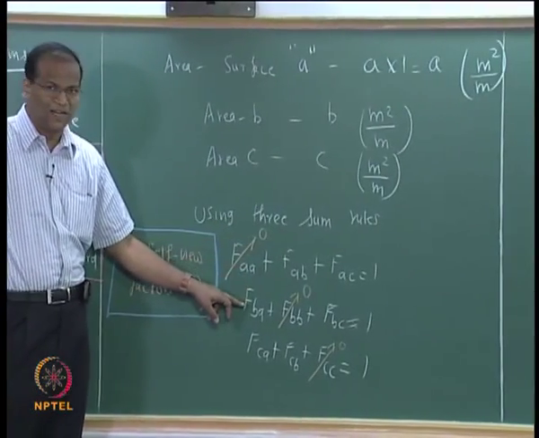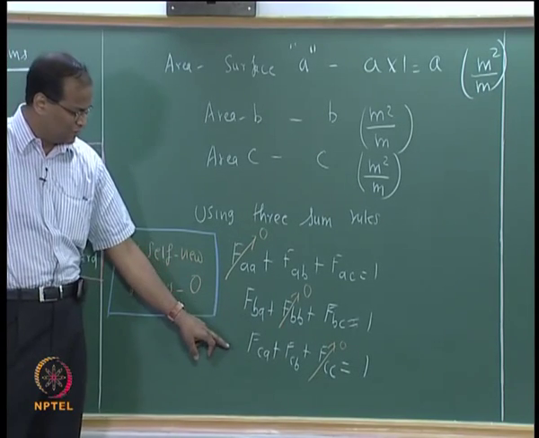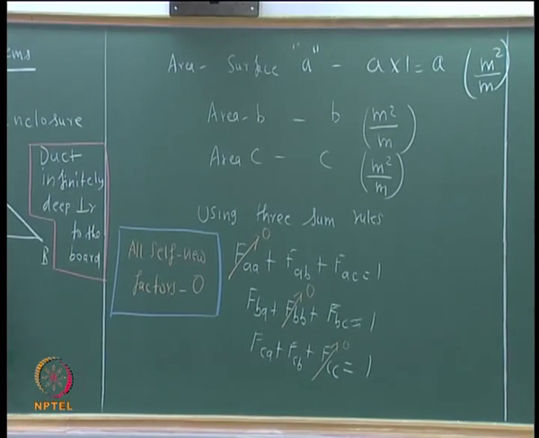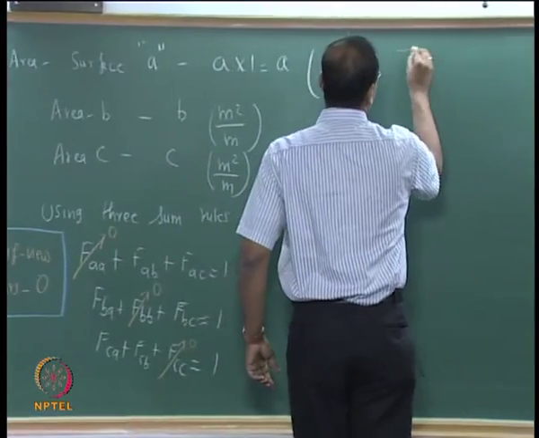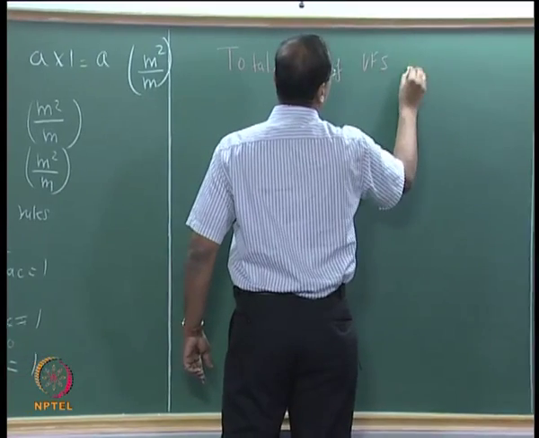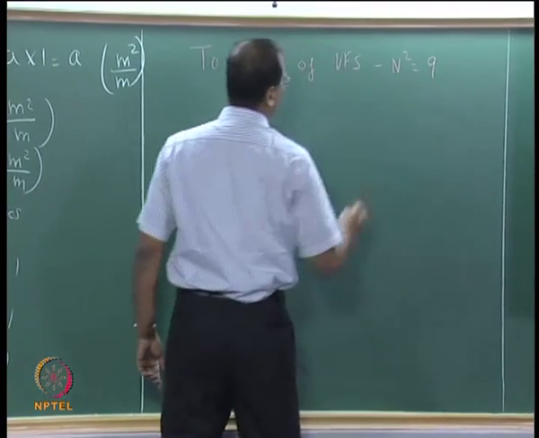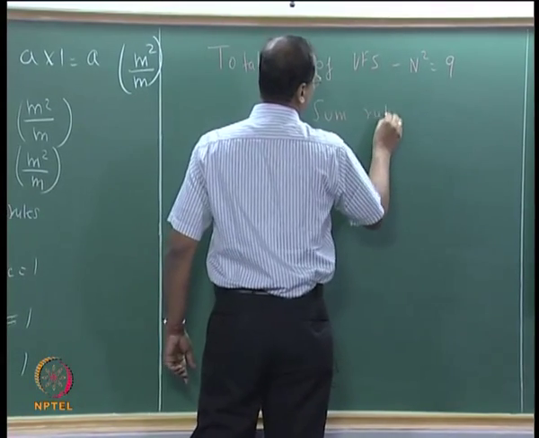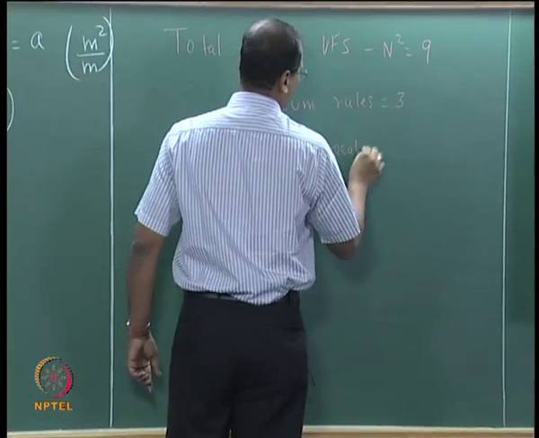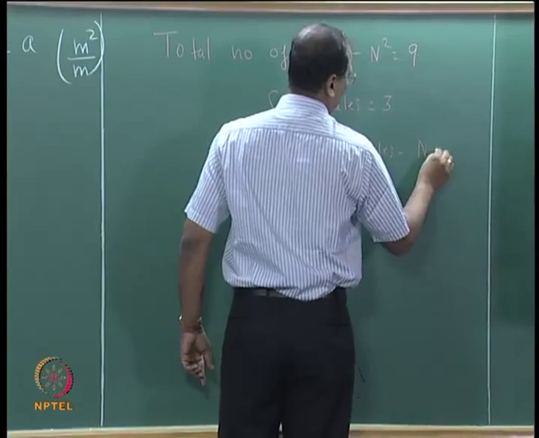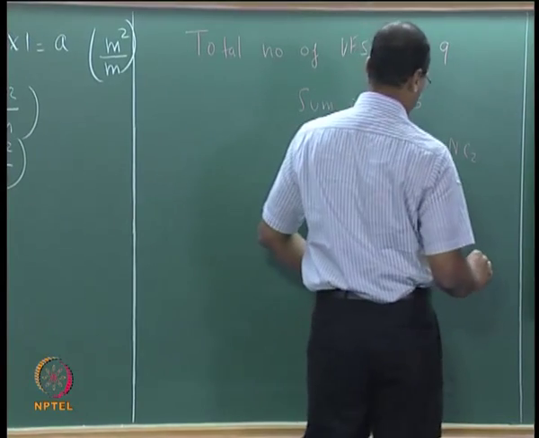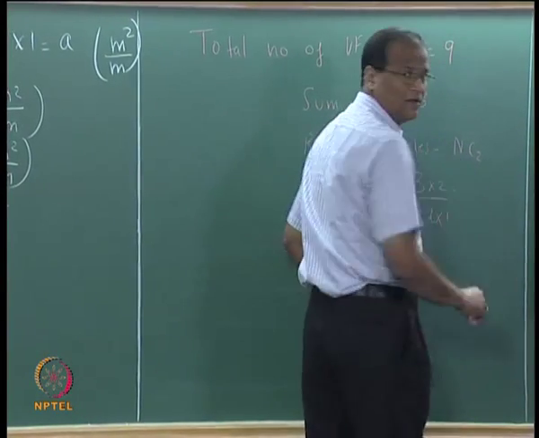By the same token I can write down the summation rules for surface B as well as for surface C. So, totally correct 3.